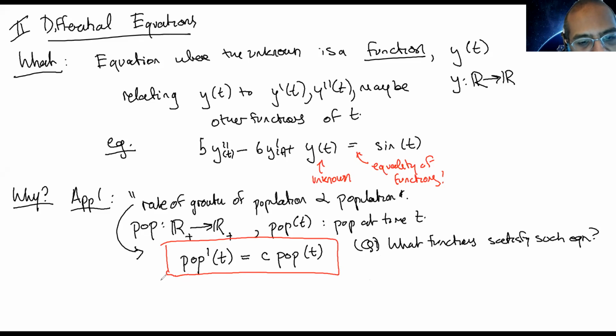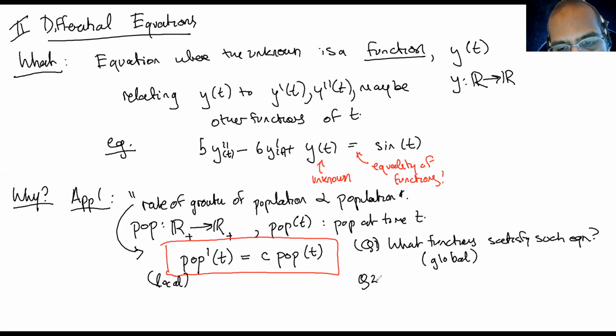The key word here is local. So this describes what happens at every instant of time, right? The derivative at that instant is related to the value of that instant. What function satisfies such an equation? That means, can I find the whole function? I'm going to call that global. Can I actually write the whole function given this local information?